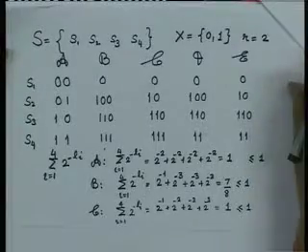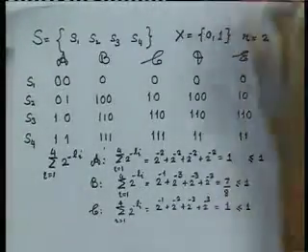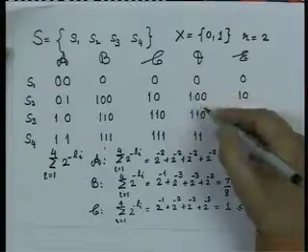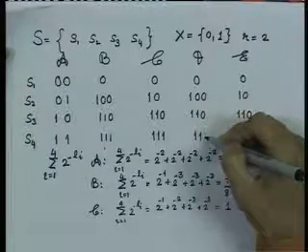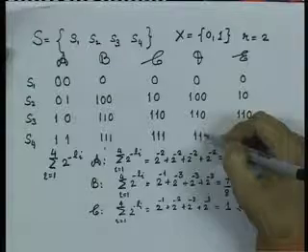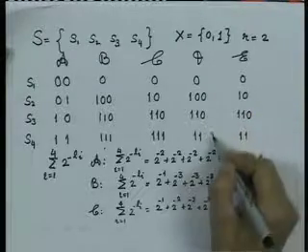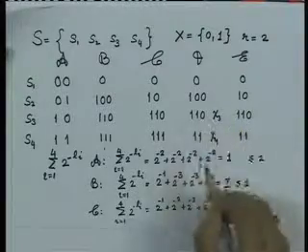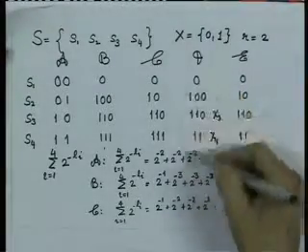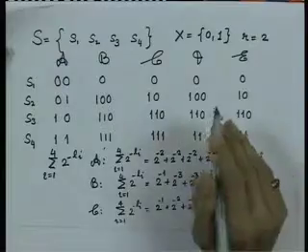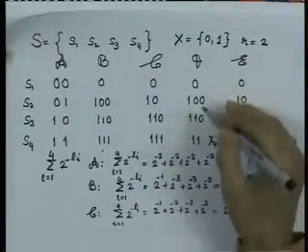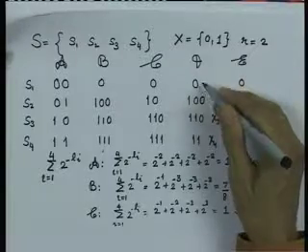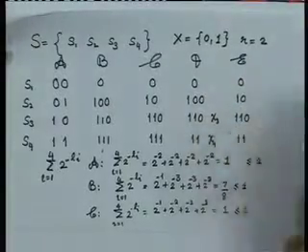But if you examine this code D, it is not instantaneous, because the code word corresponding to S4, that is X4 here, is a prefix of the code word X3. So in no way can this be an instantaneous code, but the code word lengths are acceptable for an instantaneous code.